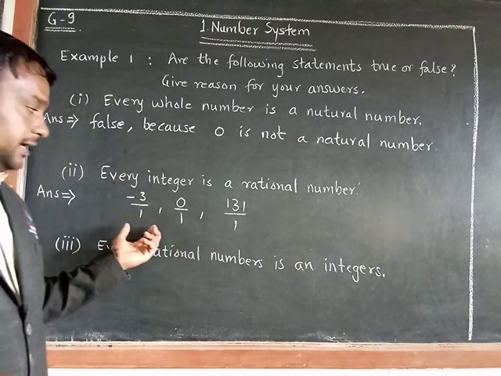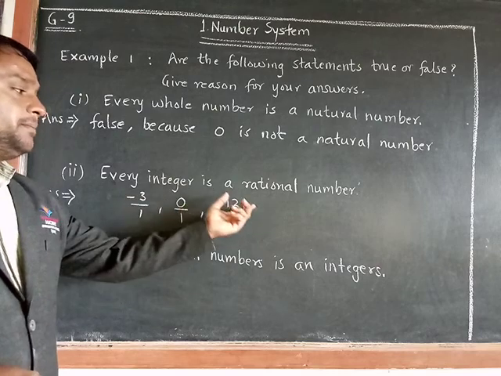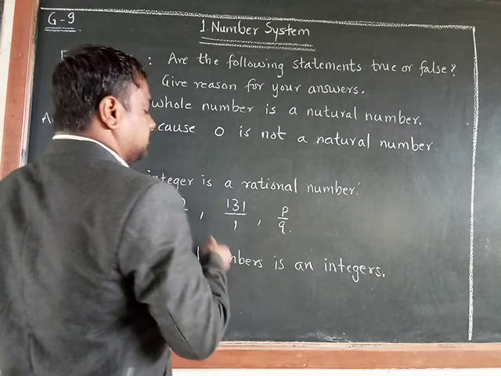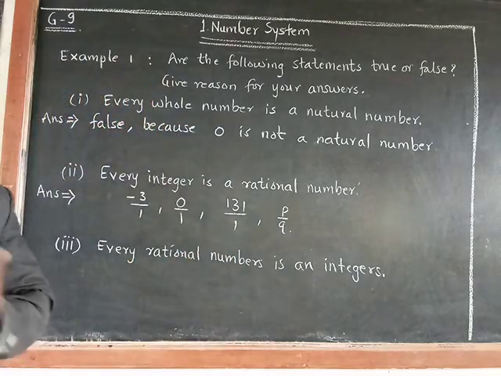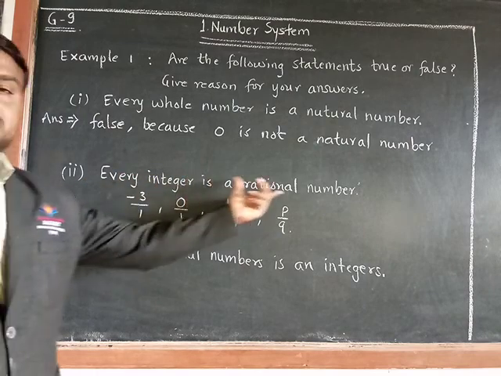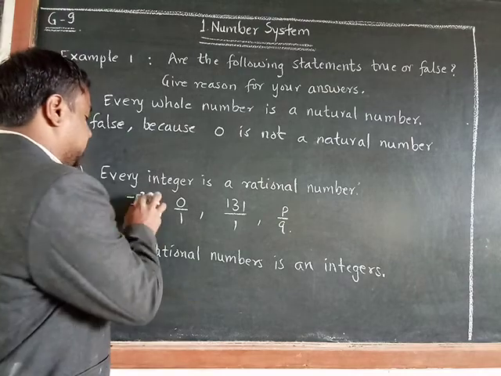So again we can write every integer in the form of p upon q. Hence we can say that every integer is a rational number. So the statement is true over here.